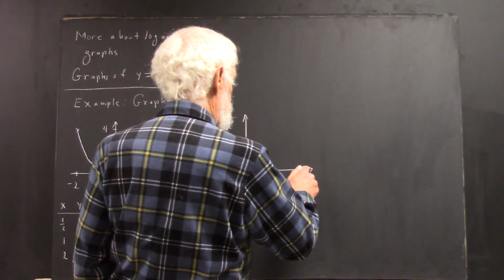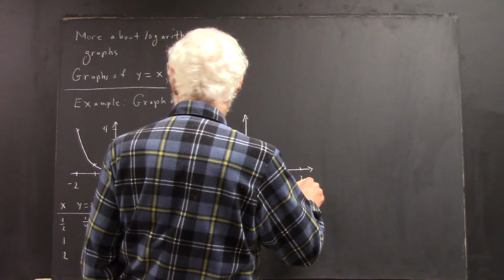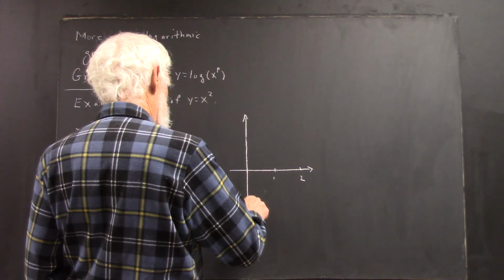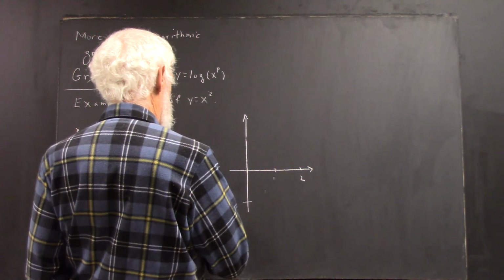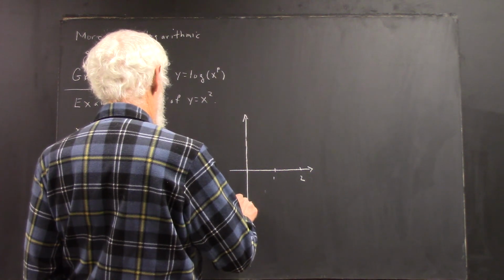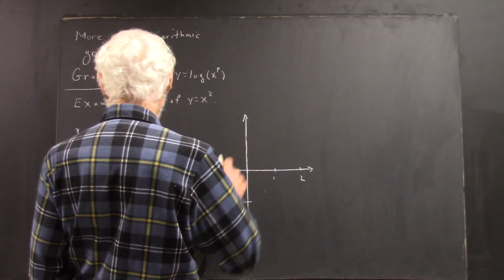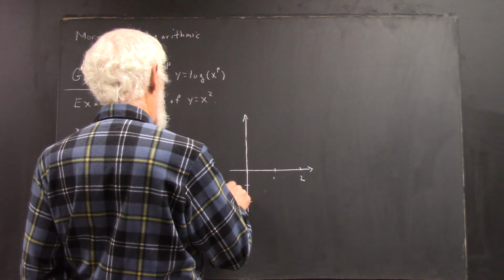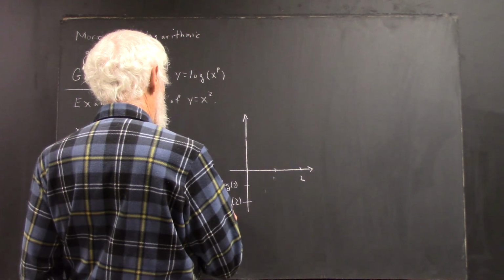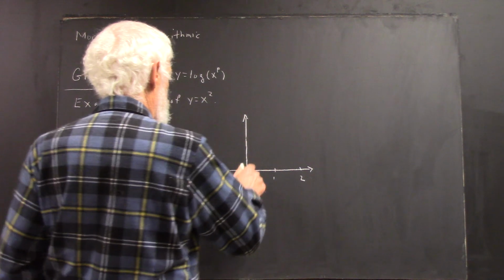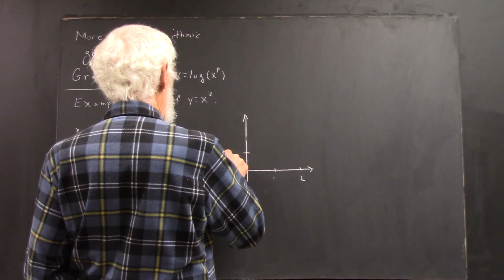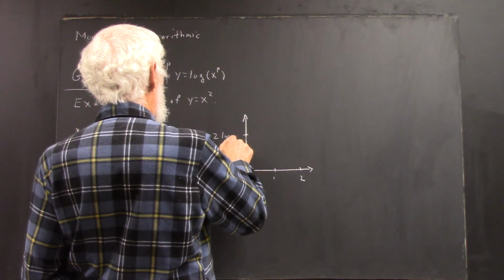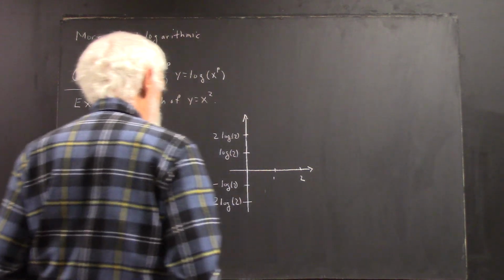So let's say here's 1, here's 2. And we're going to draw a scale here. We'll have negative, actually let me put negative log of 2 here, negative 2 log of 2 here, log of 2 here, 2 log of 2 here.